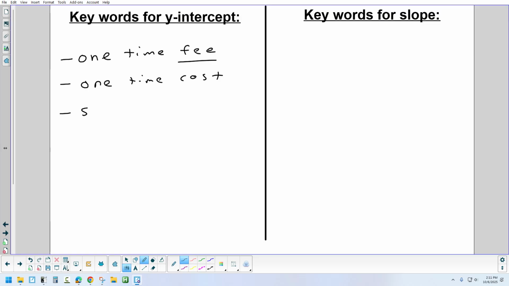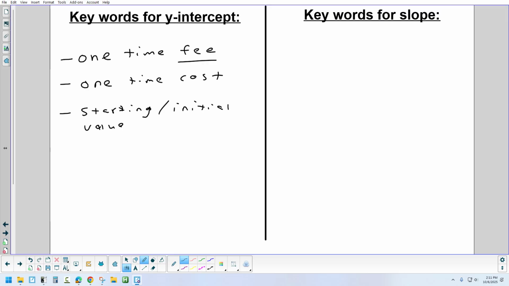Any kind of starting or initial value. Okay, let's say I was measuring, I don't know, the depth of a lake. And I said at the beginning of the summer, the depth of the lake was 20 feet. The initial value at the beginning of the summer was 20 feet. That would be a y-intercept in my equation, okay?